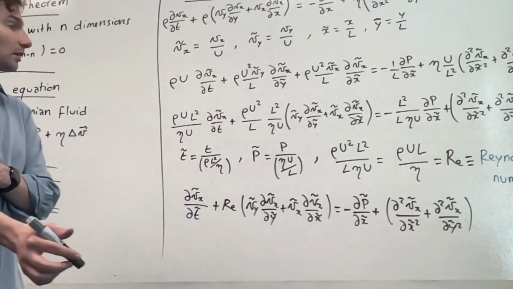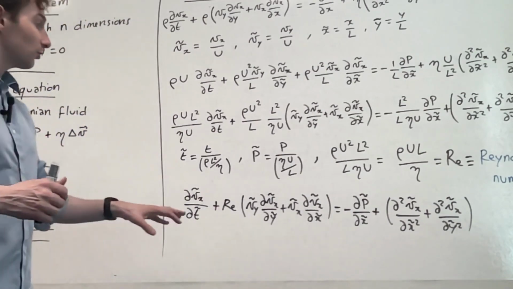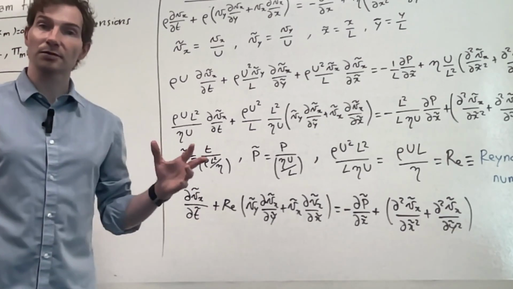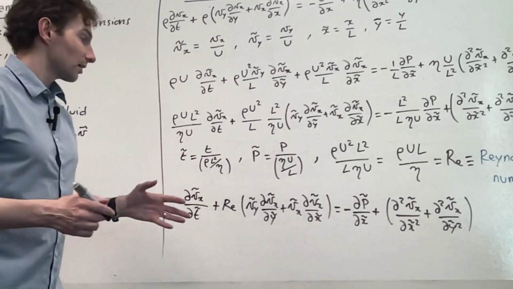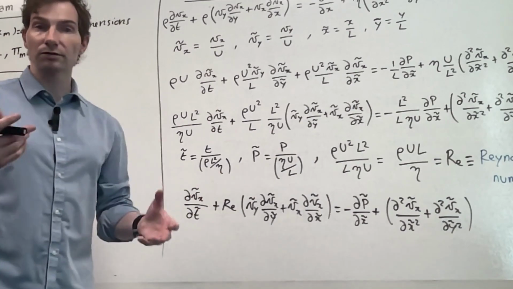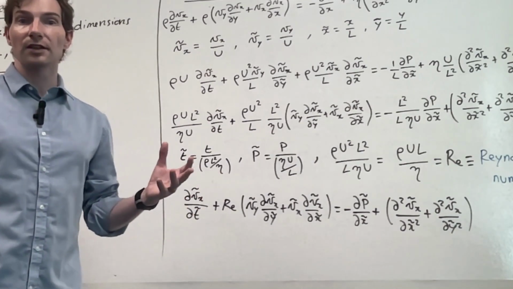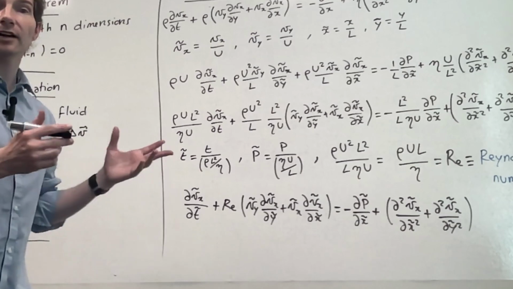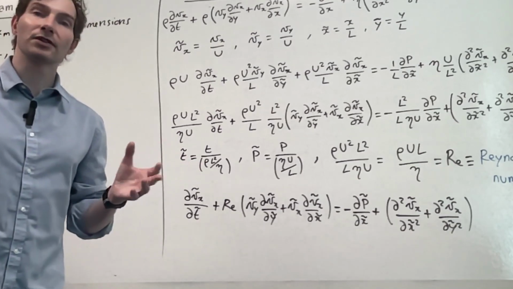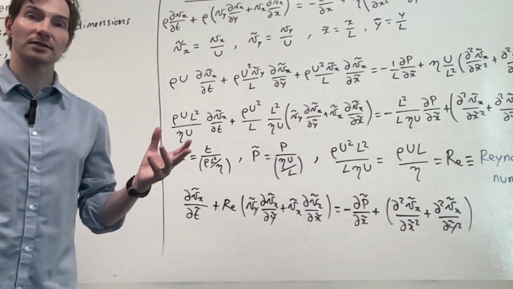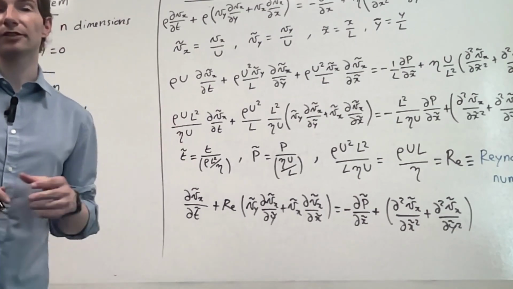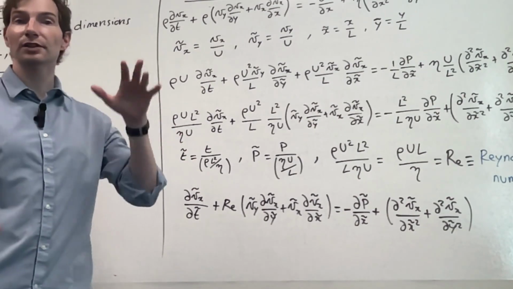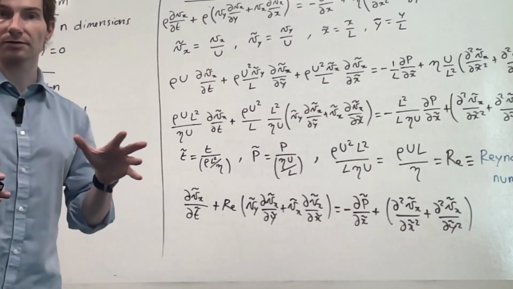So if you solve these equations, because they only involve ratios, it doesn't matter whether L is 2 centimeters or 10 centimeters or 10 meters, or 100 meters, because you only look at ratios.